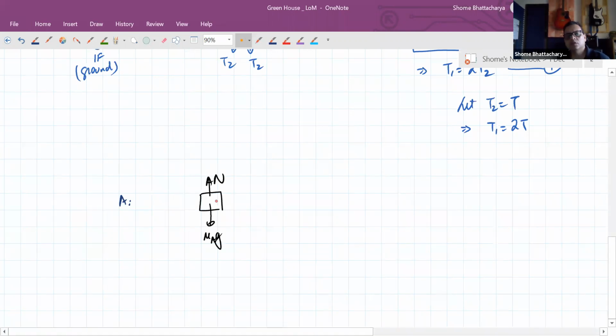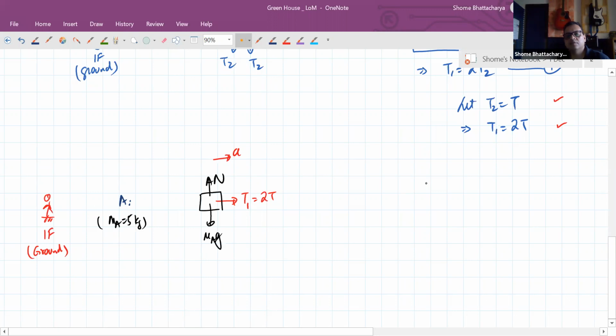And there is only one horizontal force, tension T1, which remember is 2T, because we labeled that over here: T1 is 2T and T2 is T. That tension gives it a horizontal acceleration A, and this is in the inertial ground frame. The mass of A, you remember, was given as 5 kg.